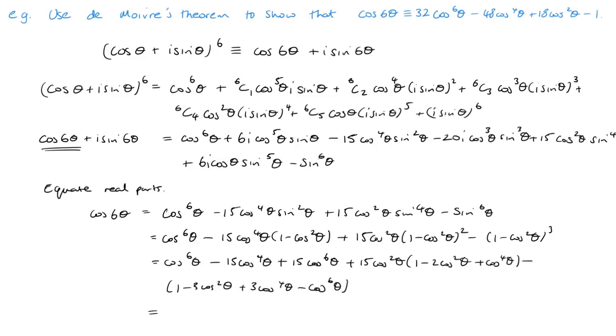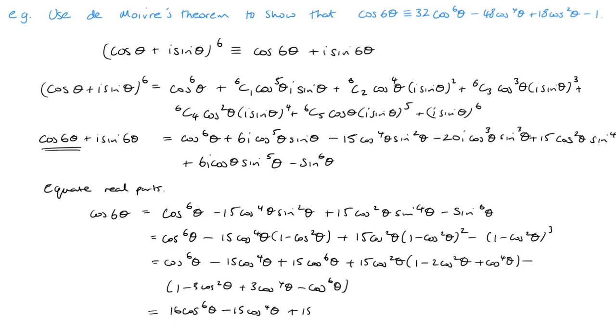So we've got 15, so 16 cos to the 6 theta at the moment, minus 15 cos to the 4 theta. That's just dealing with these three, but now I've got to expand this one.